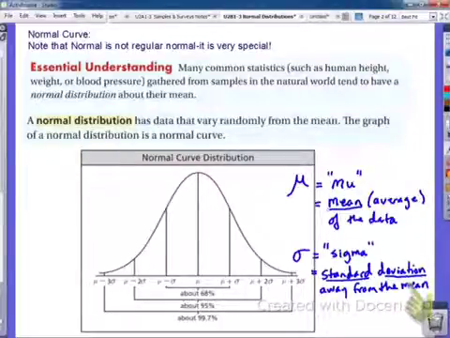A 92 is 7 points away from 85. And 70 was 15 points away from the 85. You guys understand what I'm doing here? Taking each person's score and measuring the distance away from the mean. Does this make sense?